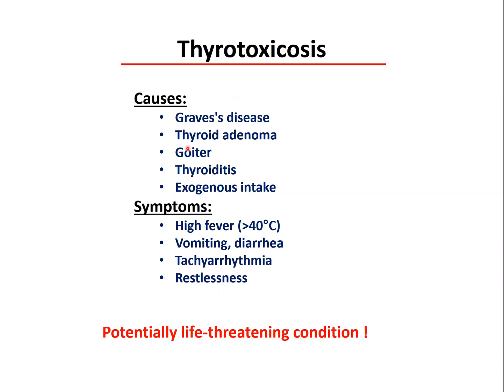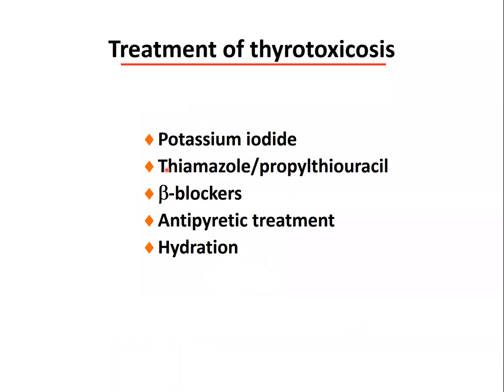In case of Graves' Basedow disease, for example, when you have a long-standing stimulation of the thyroid gland, and you have an accident, this stress induces so much release of the thyroid hormone that it can induce thyrotoxicosis, or thyroid storm. This is what it's called. Now, how can we treat thyrotoxicosis?